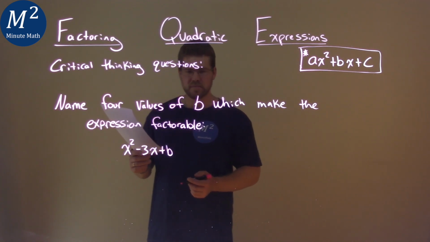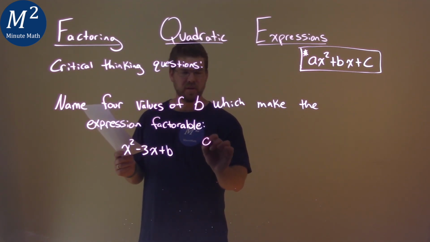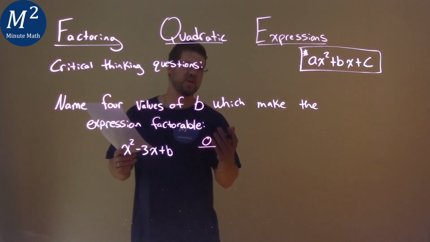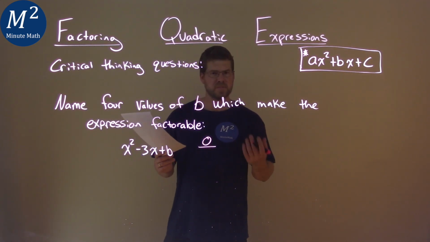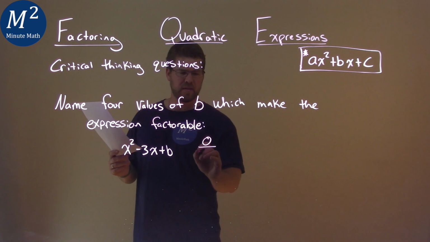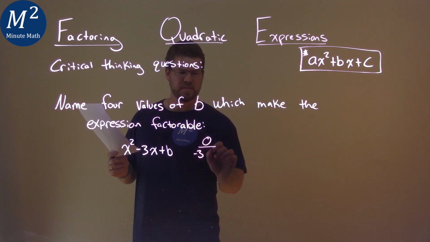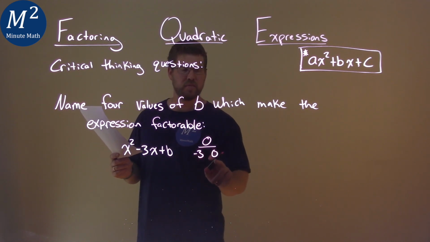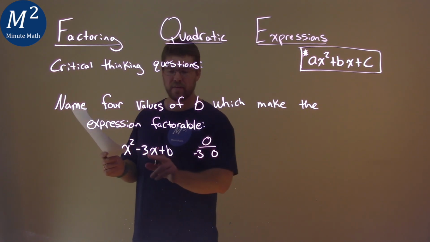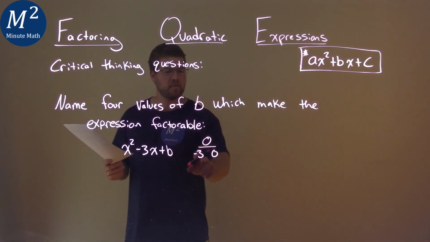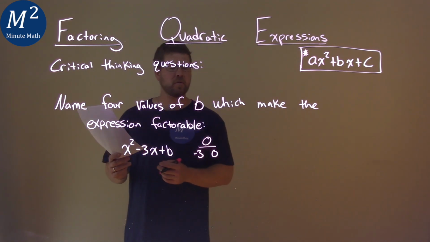Well, what about 0? What happens if b is 0? What two numbers multiply to be 0? That could be a negative 3 and a 0. Negative 3 times 0 is 0, but that adds to be a negative 3. So that works here. So 0 works for a b value.